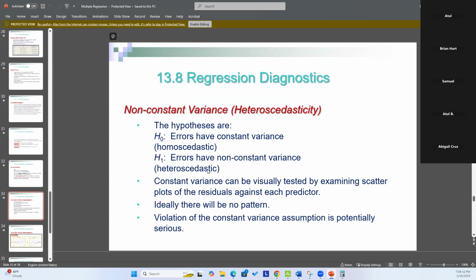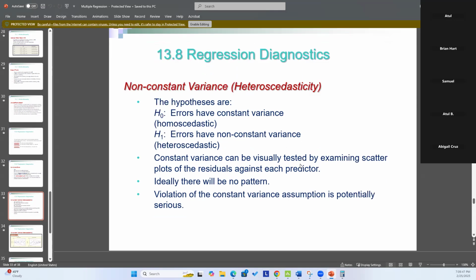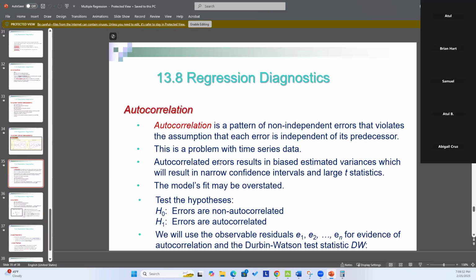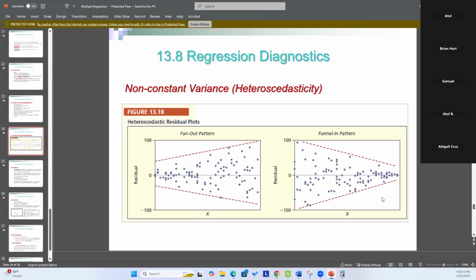Here you can see the errors have constant variation and errors have non-constant variation. We can clearly see it using a plot. This is non-constant variation, because you can see a funnel in or funnel out situation, which is non-constant.